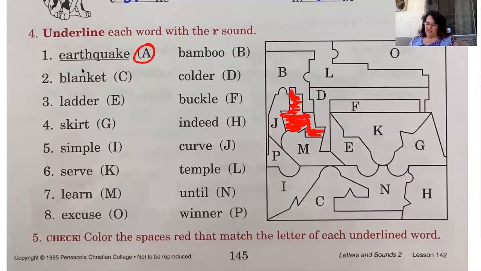Moving down here, let me get back to my red. We're going to underline each word with the R sound. So then I have blanket. I don't hear an R sound there. How about ladder? Yes. So shout it out. Skirt. Simple. Serve. Learn.